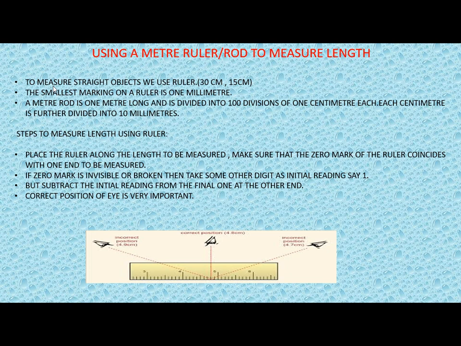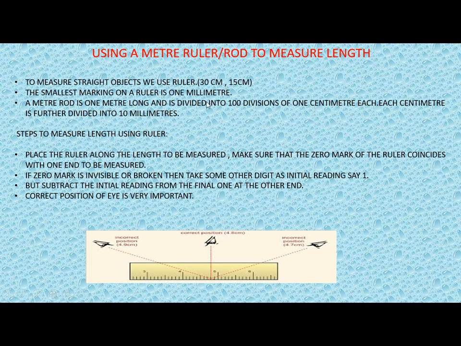But suppose our object is not straight, suppose it is curved, then it will not be very easy to measure the length of that object using this ruler or meter rod. The smallest marking on a ruler is 1 millimeter.